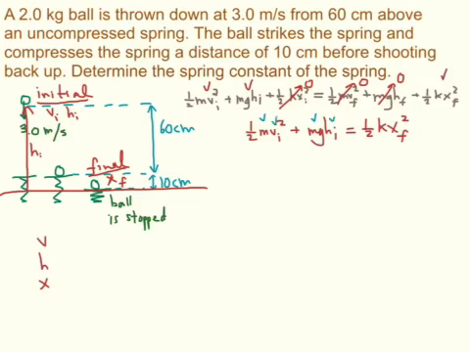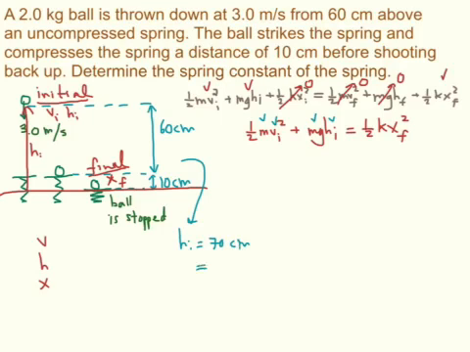The initial height, is it 60? Is it 10? Is it some combination? Well, you start at the bottom and you measure the initial height all the way up to the ball. So it's 60 plus 10. But you can't put that into centimeters. When you plug into the equation, you have to plug the initial height in as meters.